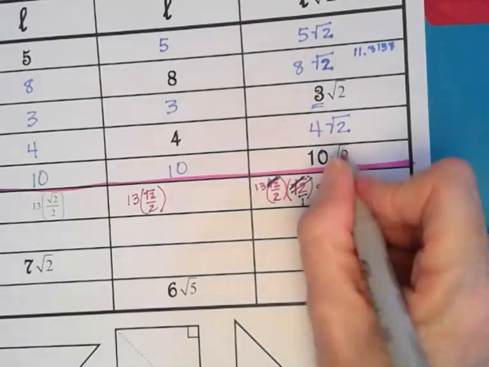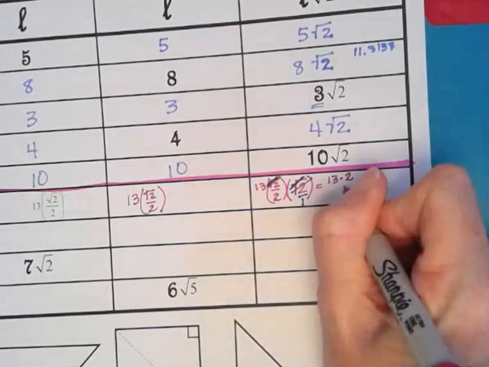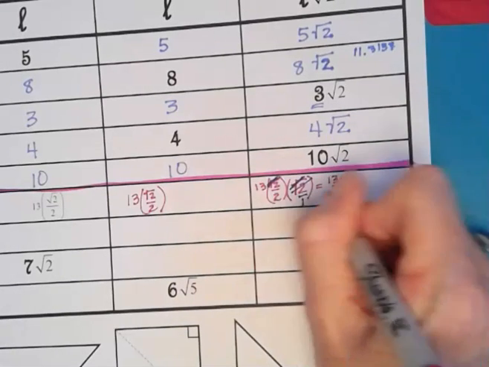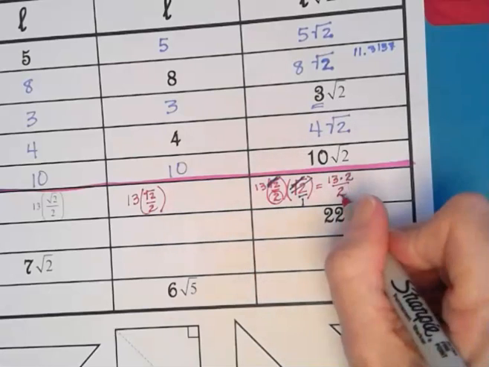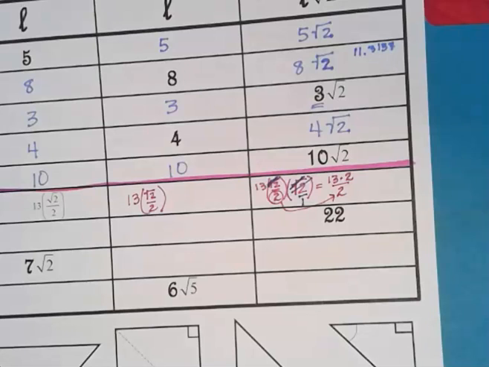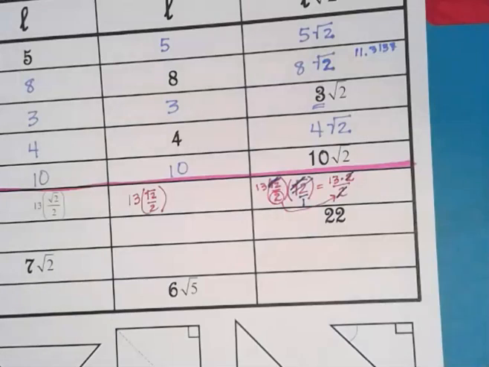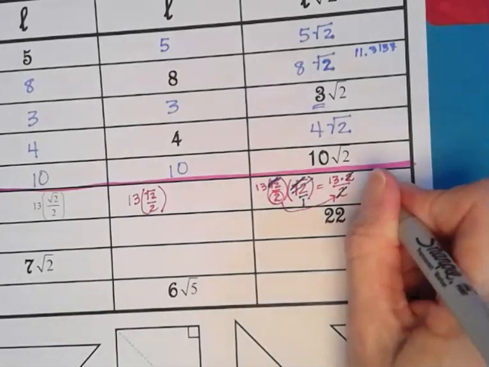So we have 13 times 2, but the 2 that was in the denominator here comes there. Now is when I should have crossed out the canceling. This 2 in the numerator cancels this 2 in the denominator, and my answer is 2.